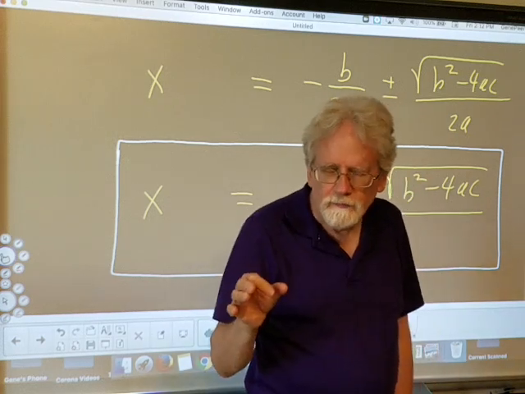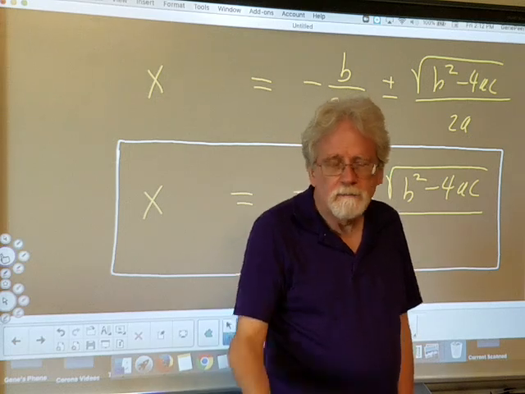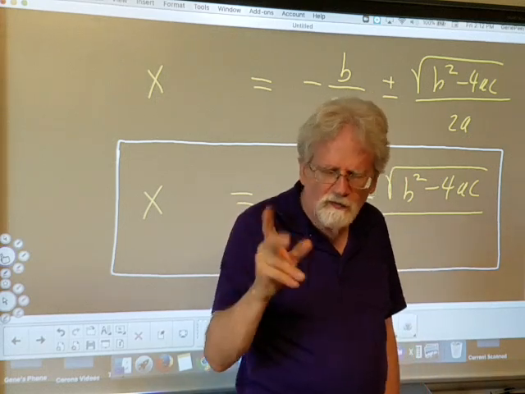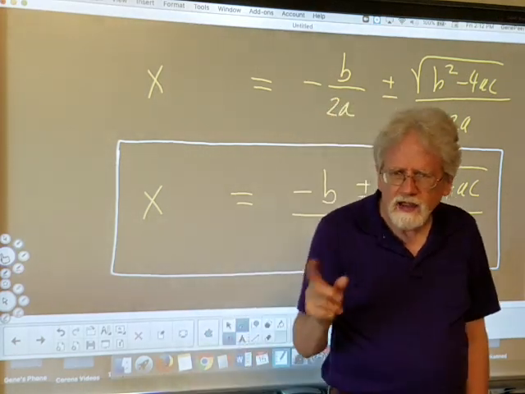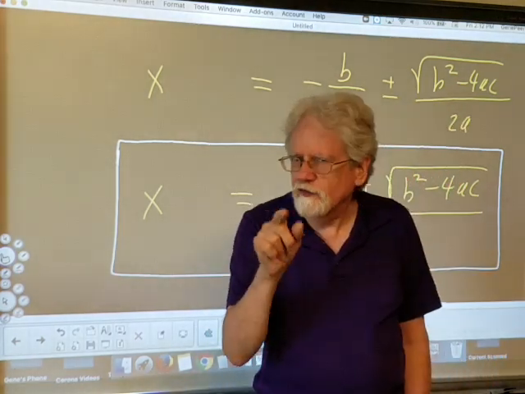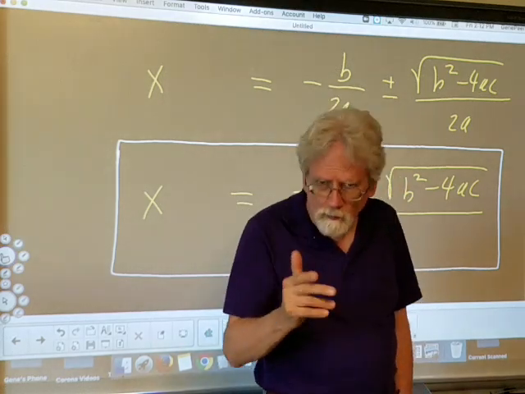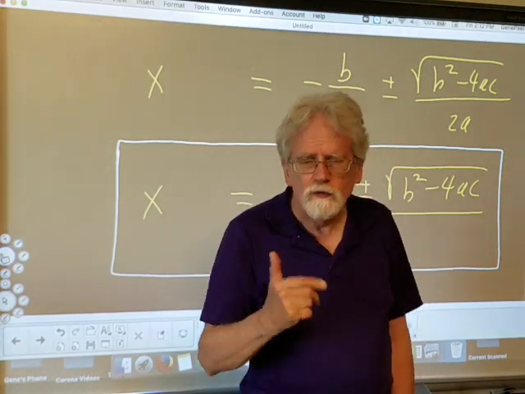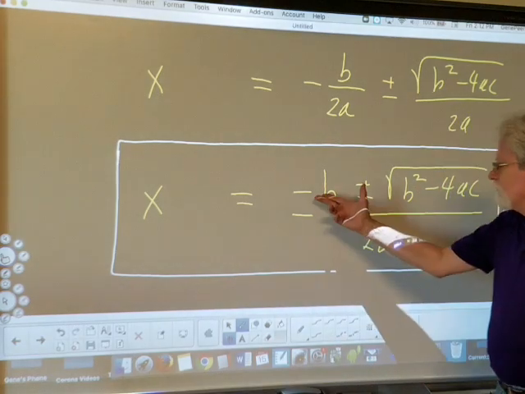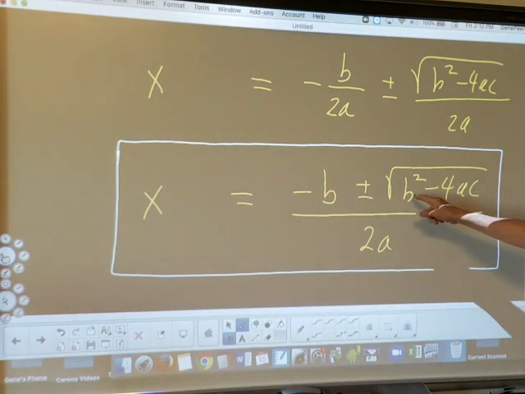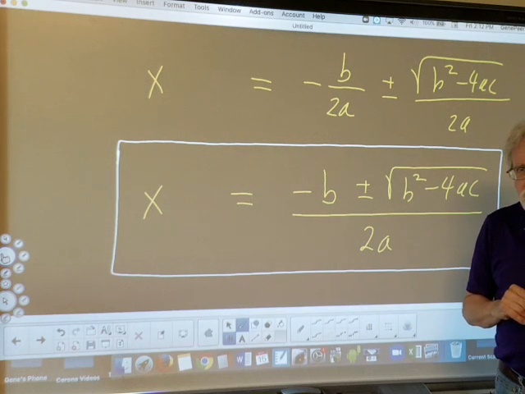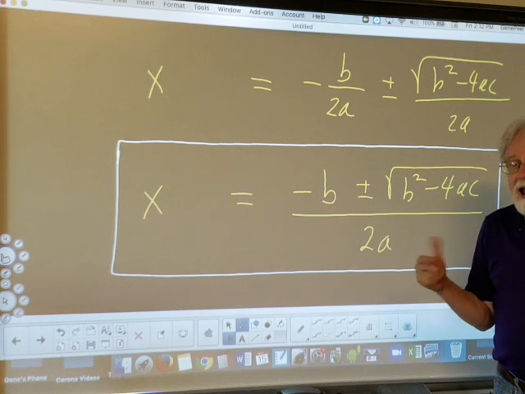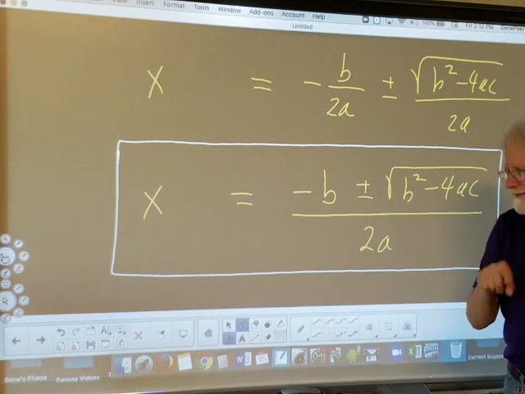Anyway, x equals inverse b plus or minus square root of b squared minus 4ac all over 2a. Know it. And use it.